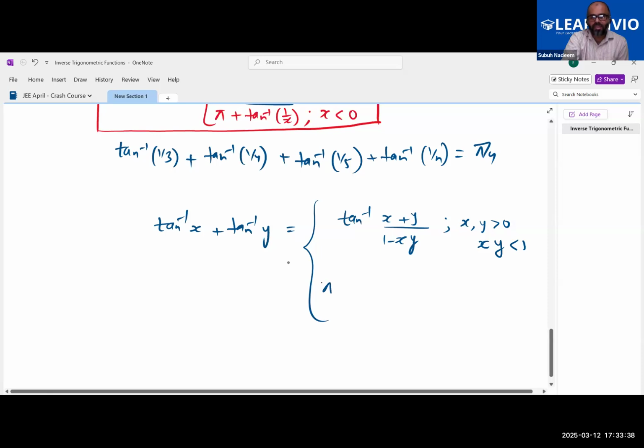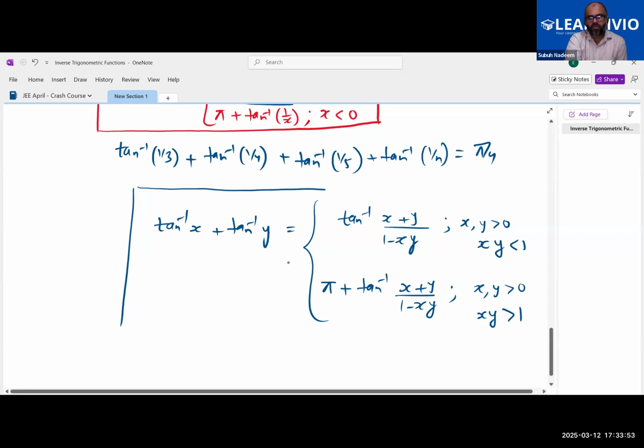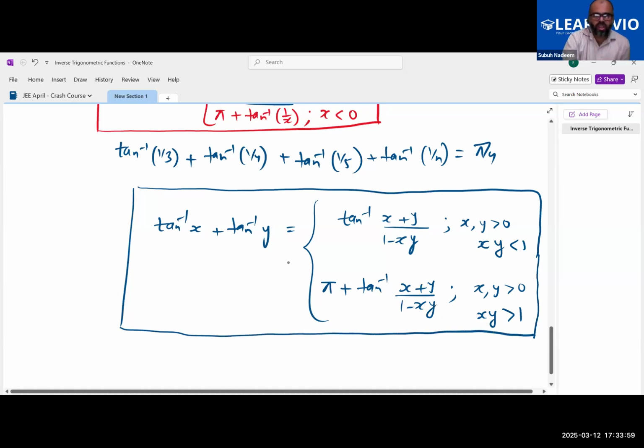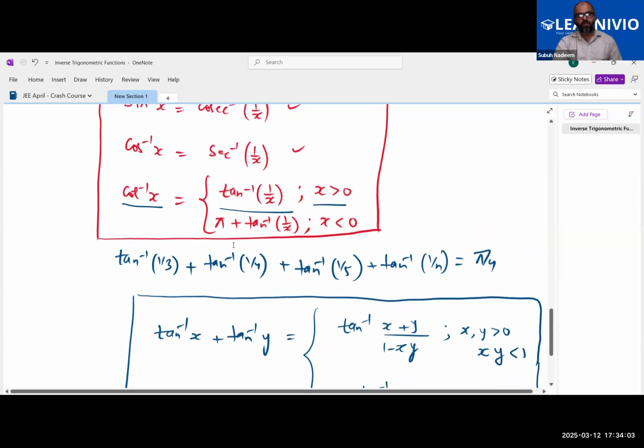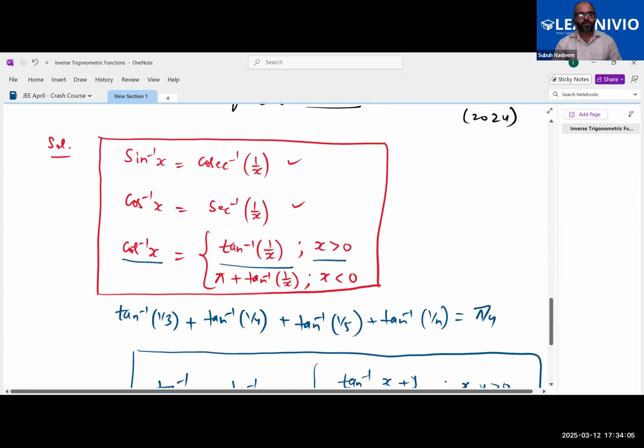If this is not the case, then it will be pi plus tan inverse (x plus y) by (1 minus xy), if x and y are positive and x into y is greater than 1. So this formula is also a very important formula, and generally the questions you will see have been coming from this formula. So here you can apply this formula. First write this and then try to apply this formula.